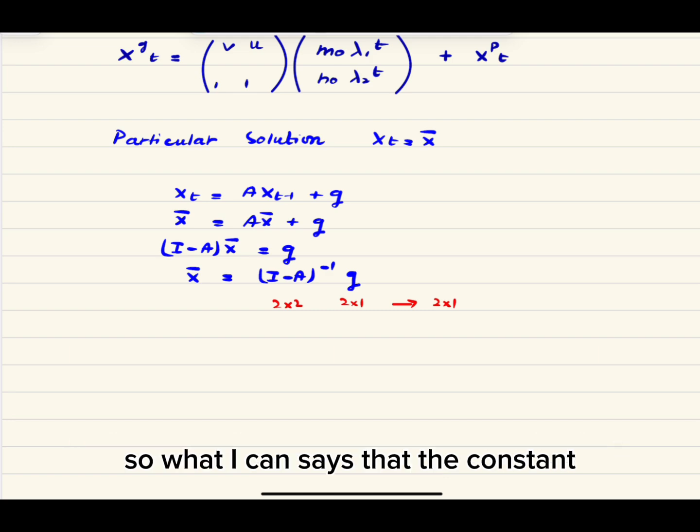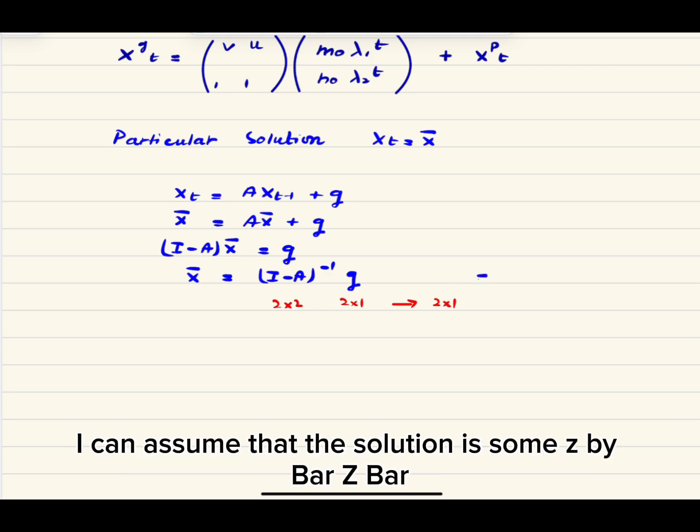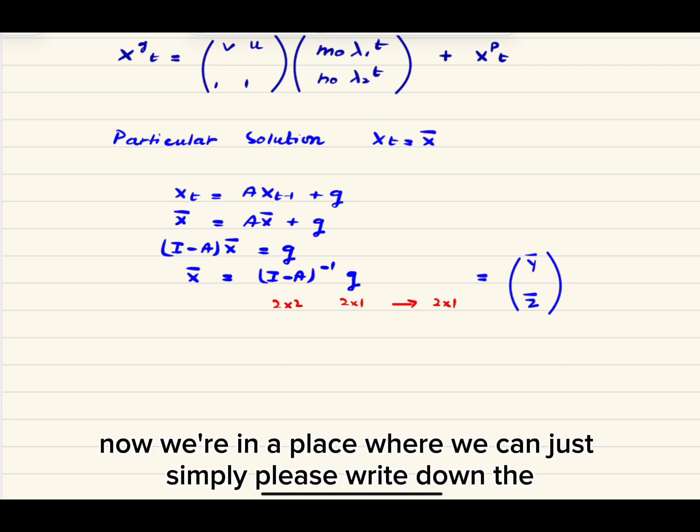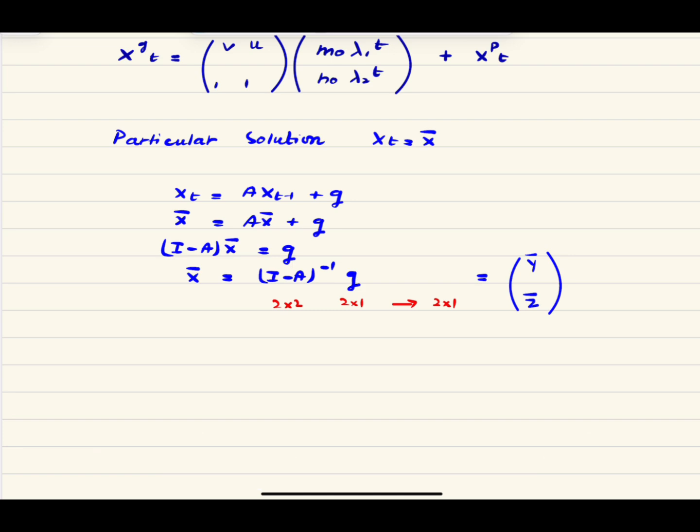So what I can say is that the constant solution is some y bar, z bar, and therefore now we are in a place where we can simply write down the final solution.